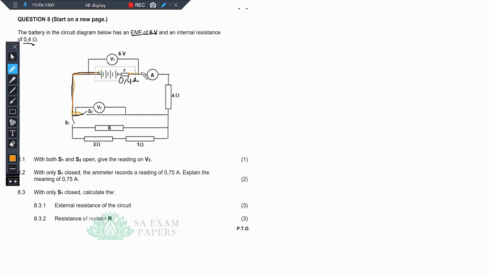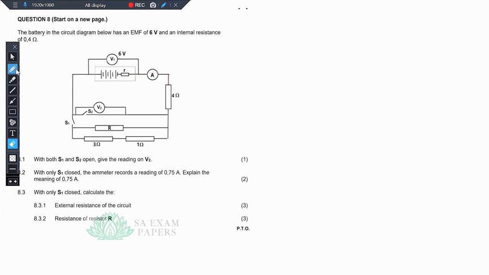Remember, there is no current flowing in these resistors, so these resistors are basically ineffective at the moment, right? So the reading on V2, if it reads the EMF of the battery, then it has to be 6 volts. So easy peasy like that. We now understand how to approach that question.